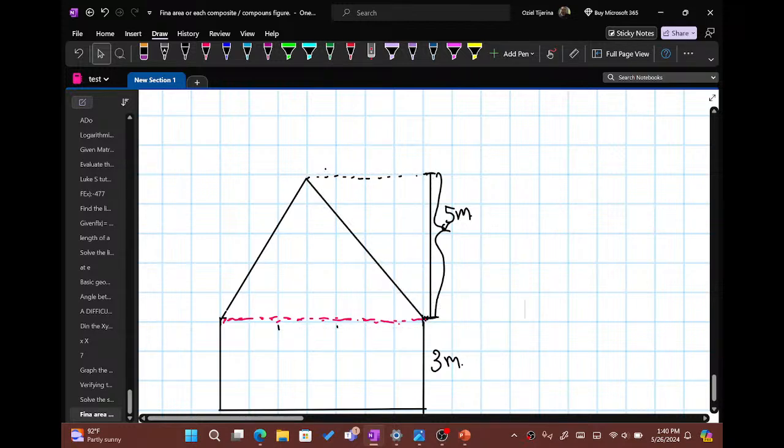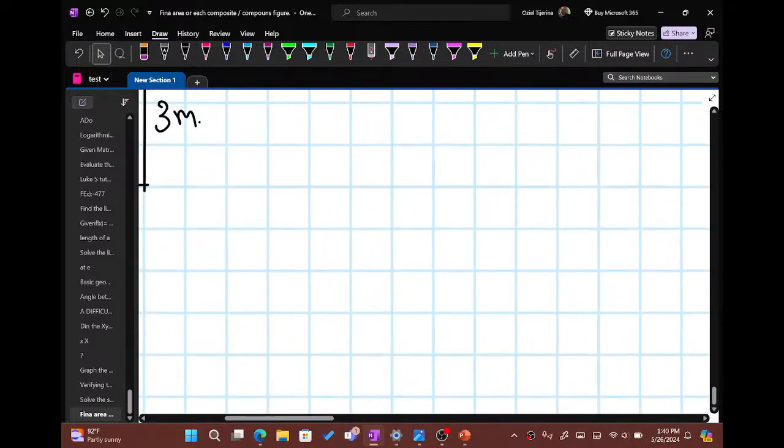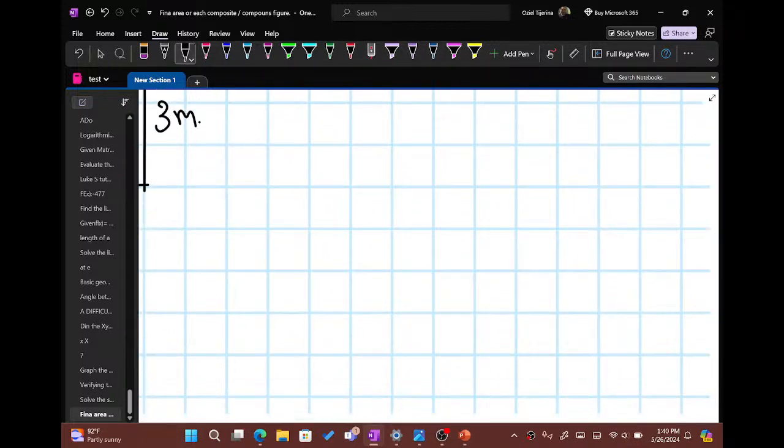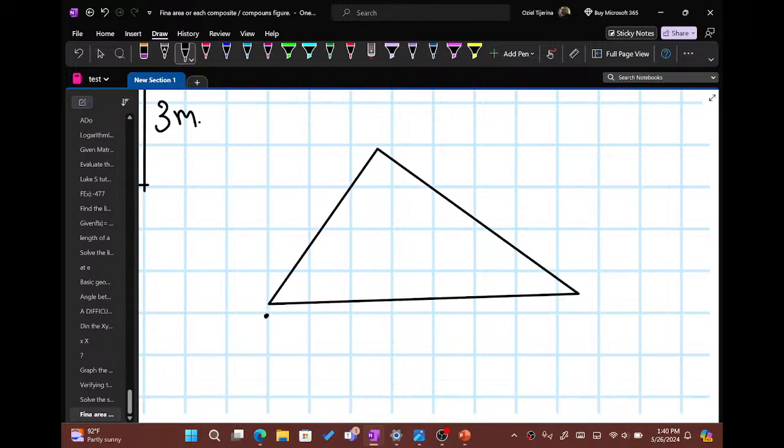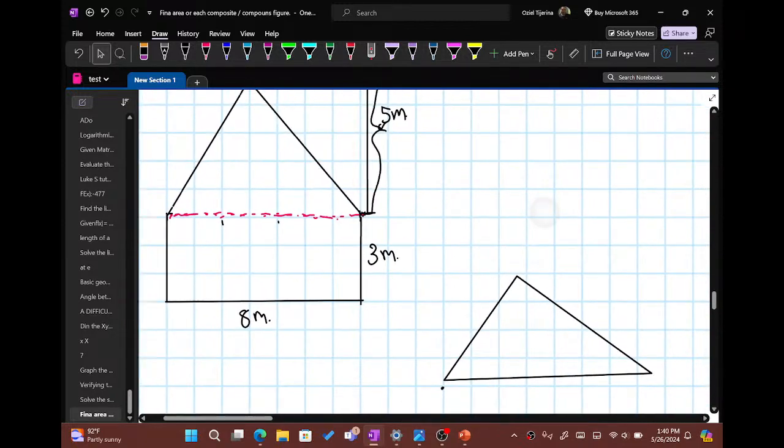I'm just not going to draw it to scale, but basically you have a triangle, something like that. I know it's not drawn to scale.